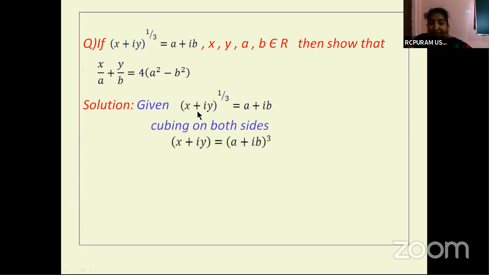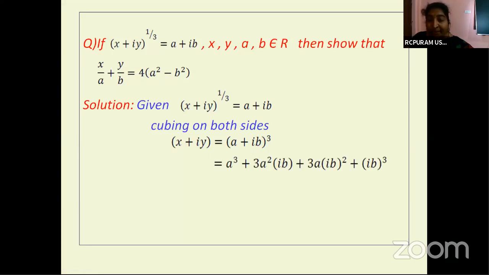Then when we cube on both sides, x plus iy whole power 1 by 3 whole power 3, the 3 and 3 get cancelled. A power m whole power n, isn't it? So you will be left with only x plus iy. And on the right hand side, you will have a plus ib whole cube.